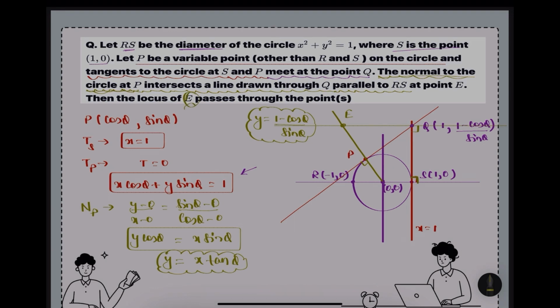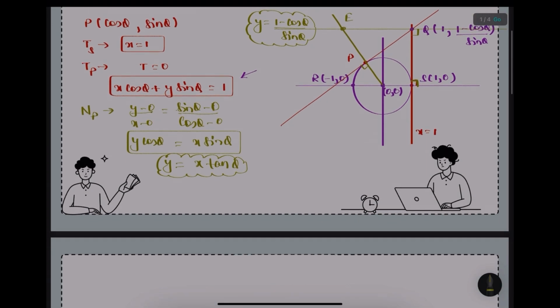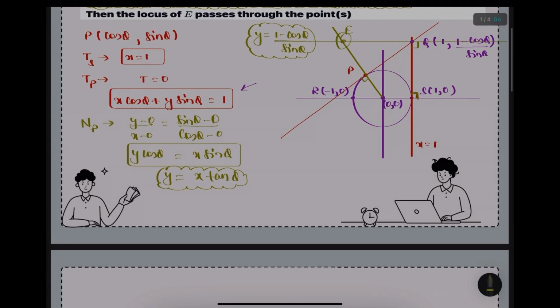Then the locus of E passes through the point or points. So you have to find out the locus of E. So the locus of E is who? It is the point of intersection of this part. Correct? So can I say that E is the point of intersection of this line and the normal? What is the normal?